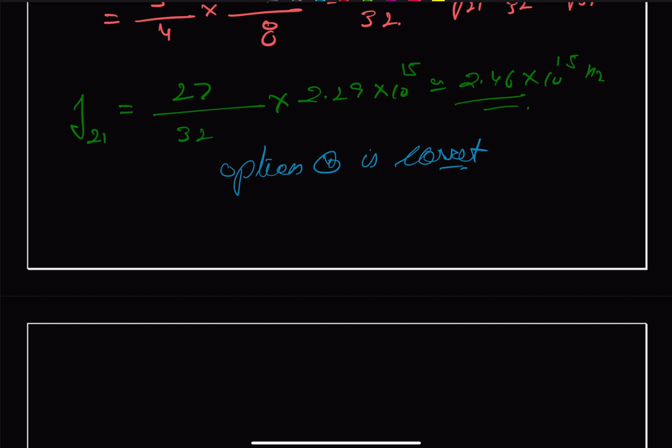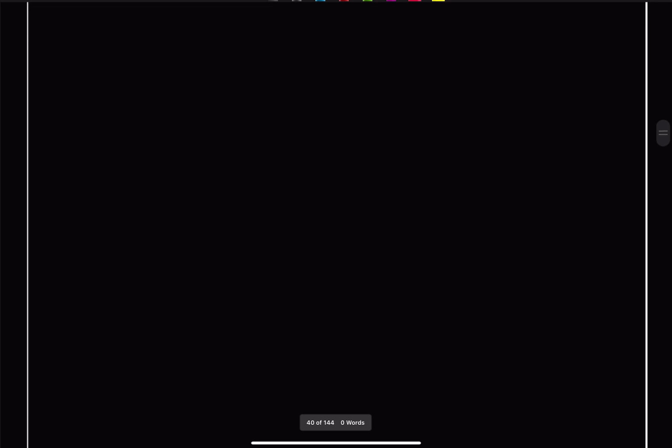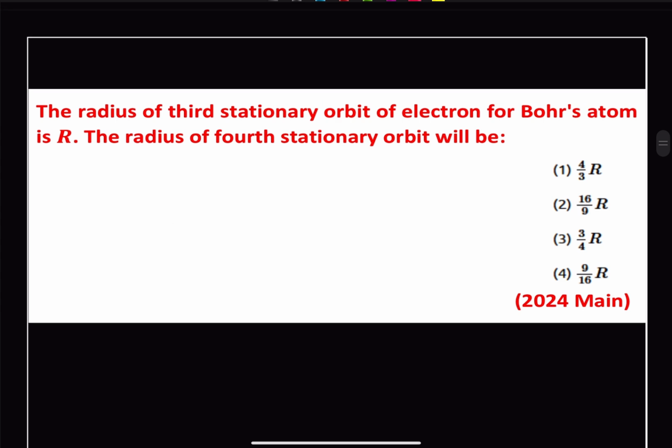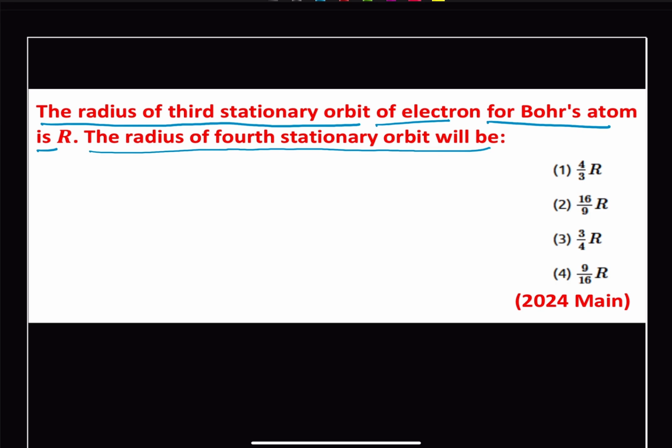Next question. It states that the radius of a third stationary orbit of electron for Bohr's atom is capital R. The radius of fourth stationary orbit will be.